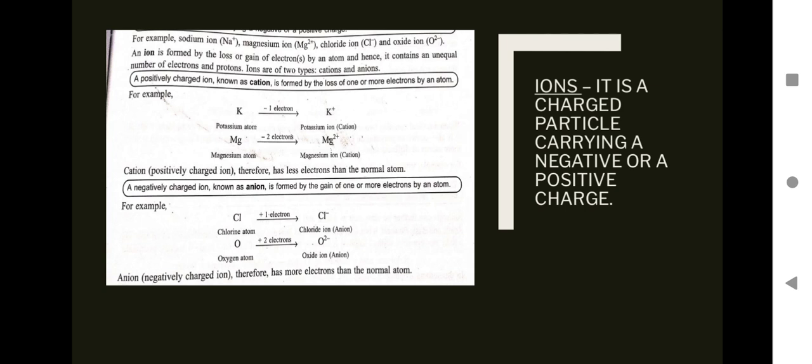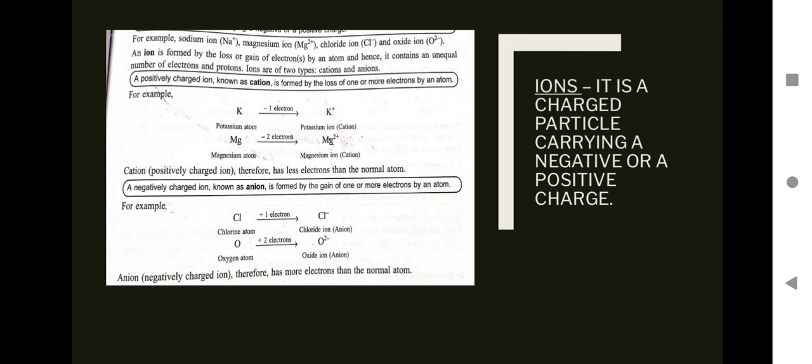In the slide, you can see a potassium atom loses 1 electron to form K+ potassium ion, which is a cation. A magnesium atom loses 2 electrons to form Mg2+ magnesium ion, which is also a cation. A cation therefore has fewer electrons than the normal atom.